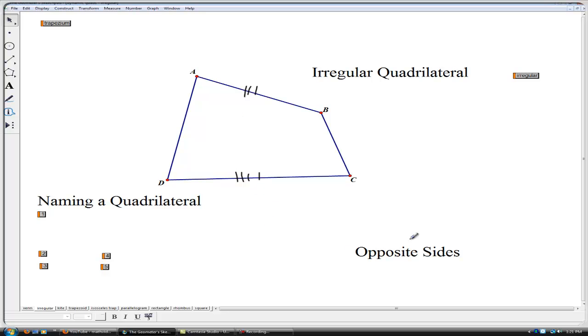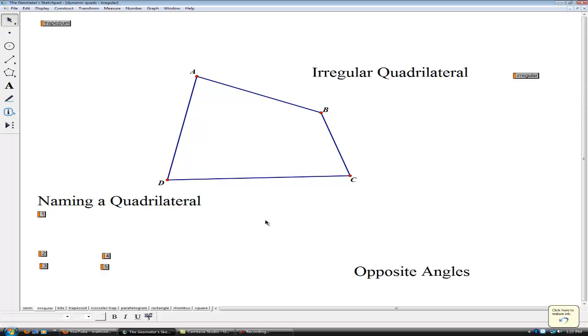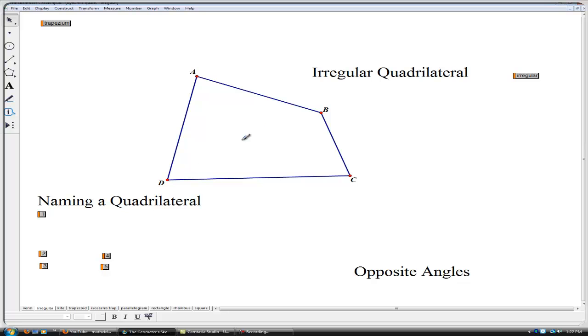And our last vocabulary for general quadrilaterals are opposite angles. This would be traveling across a diagonal. So angle D and angle B are opposite angles, as well as angle C and angle A.